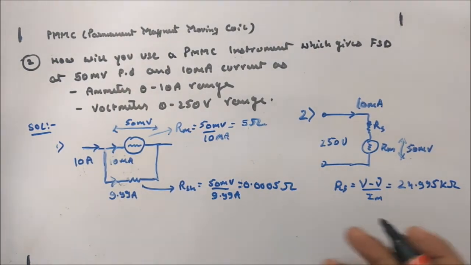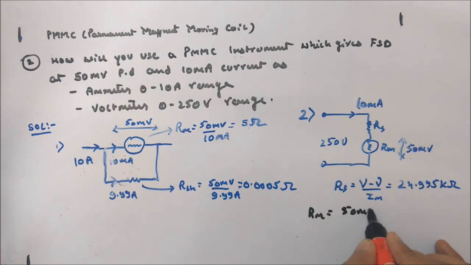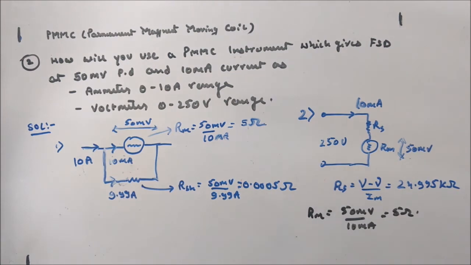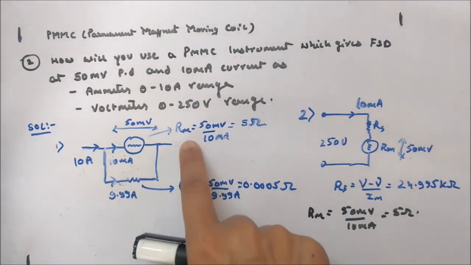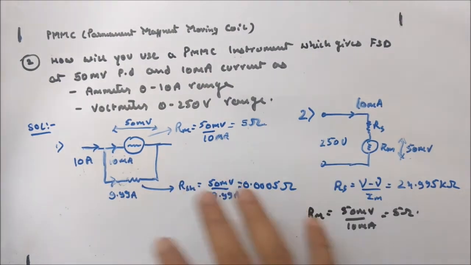You can also calculate the value of Rm, that is 50 millivolt divided by 10 milliampere, which comes out to be 5 ohm. Here also the resistance was 5 ohm. So this is how you frame it.